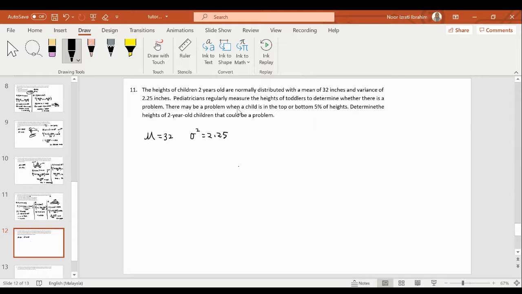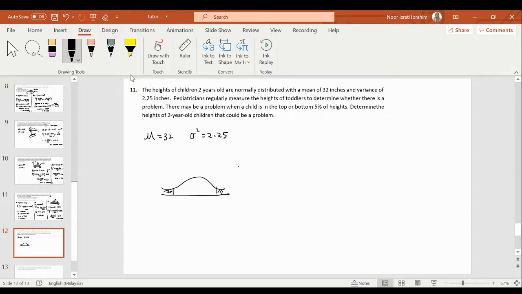There may be a problem if the child is in the top or bottom 5%. Determine the heights of 2 years old children that could be a problem. So it will be a problem if they are top 5% and bottom 5%.